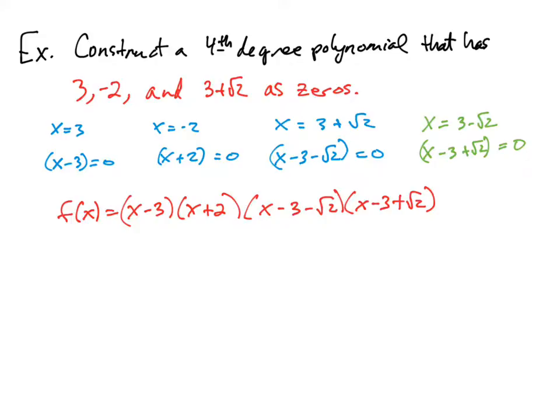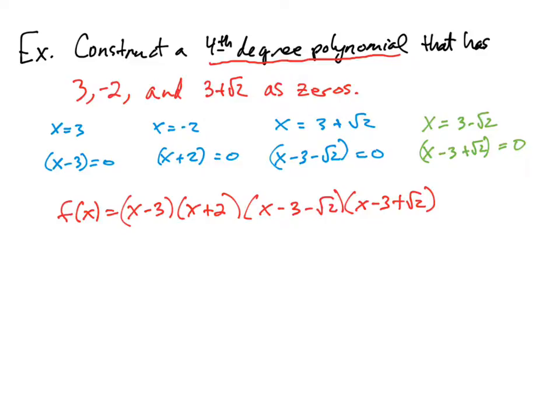Now, I should probably change the directions on this example because the directions just say create a polynomial, fourth degree. I've done that. This is a fourth degree polynomial. But we want to multiply this out. If we're getting technical about the definition of a polynomial, this is not quite there because we need to have all of the terms separated by plus or minus, and we don't have that.